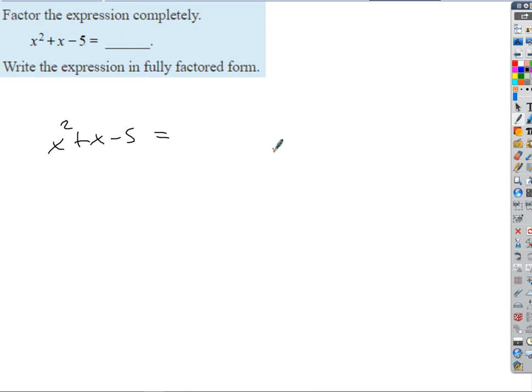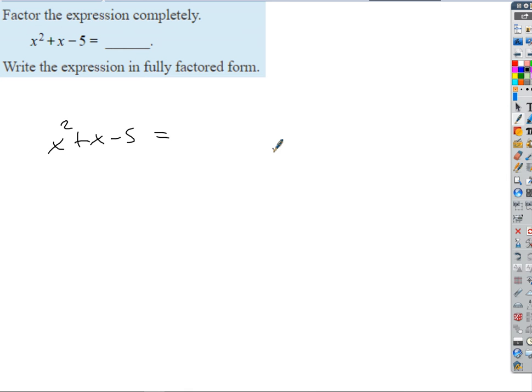Well, it's prime, so what would the factors of negative 5 be? There's really only a couple choices. Negative 5 and 1, or 5 and negative 1. Do either of those work? No. So if there are no magic numbers, what does that tell us? Well, it's already in factored form.